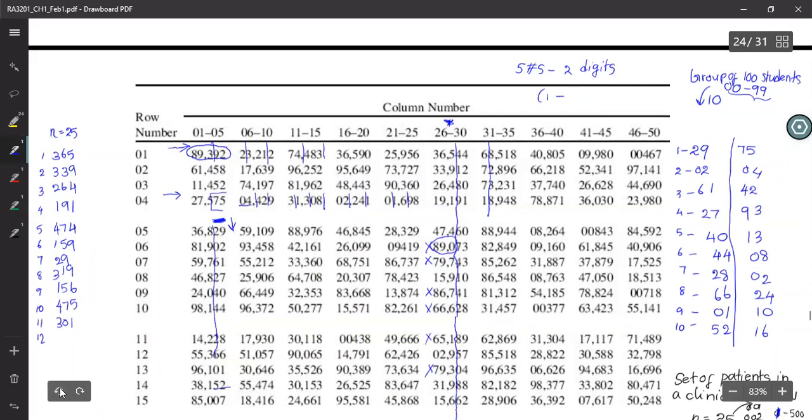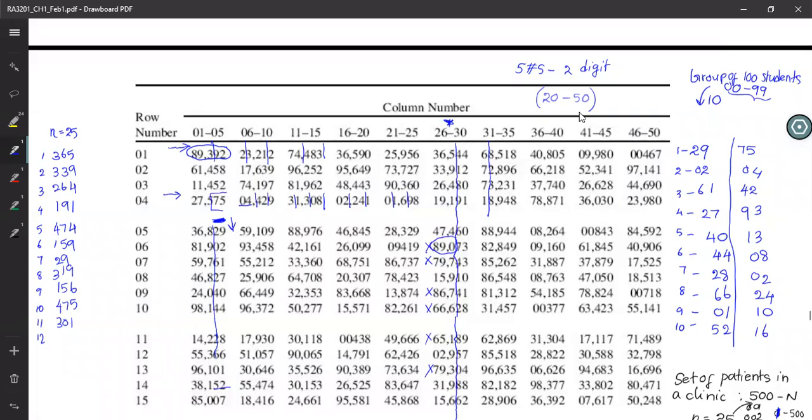Hold on. 5 numbers of 2 digits in the range, let's say, 20 to 50.